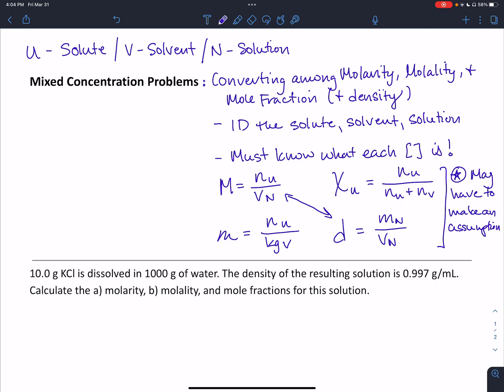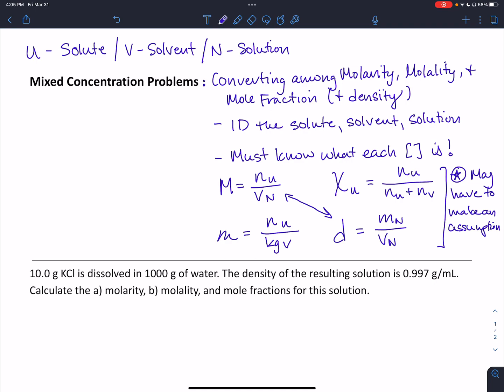So maybe you're given enough information that you can do some of it, but you need the volume of the solution. So maybe you say, I'm going to assume that I have 1 liter of solution. The key is, one, you only get to make one assumption. You cannot make a bunch of assumptions, because if you start making assumptions everywhere, you're going to be in big trouble. And two, make sure it is for the denominator of one of these.